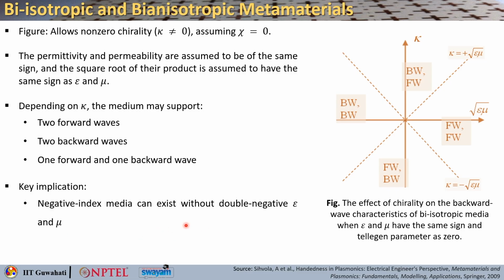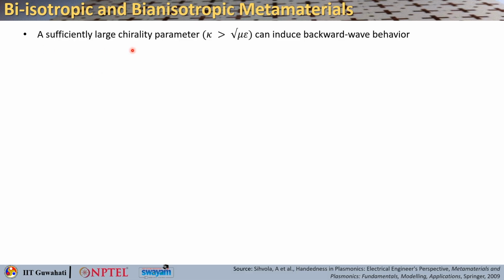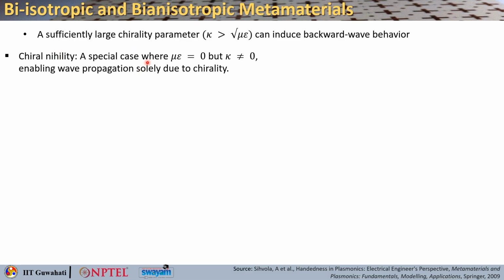So, you can say as a corollary that in order to create a negative index medium, that means a medium that supports backward waves, it is not a necessary condition to have a double negative material, right. We can see that a sufficiently large chirality parameter, when your kappa is much larger than the square root of epsilon and mu, can also induce backward wave behavior, right.